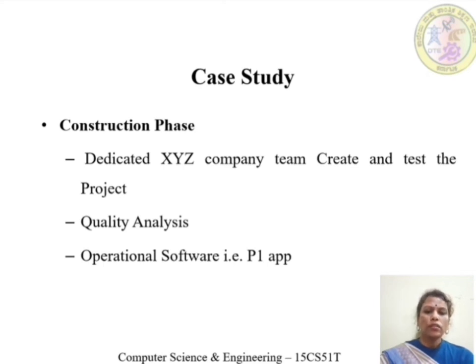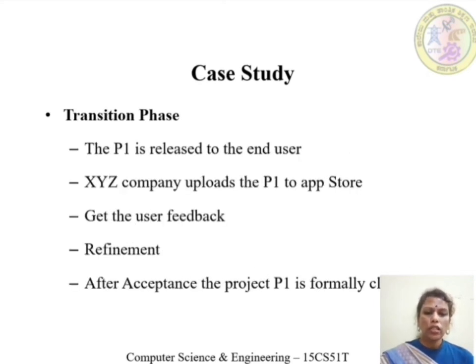After developing the operational product, that product will be deployed and delivered in the transition phase. Here the P1 is released to the end user. XYZ company uploads the newly developed app P1 to the App Store, from where the users can download, install and use this app to give feedback.